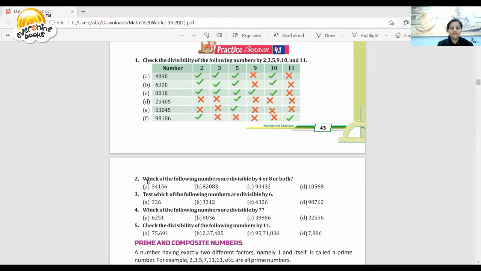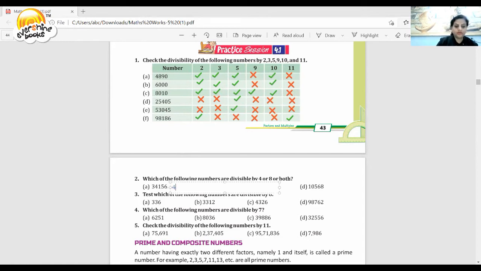So students, our second point is: which of the following numbers are divisible by 4 and 8 or both? The numbers that are divisible by 4. So we will write here 34156. 34,156 is divisible by 4 but not by 8.